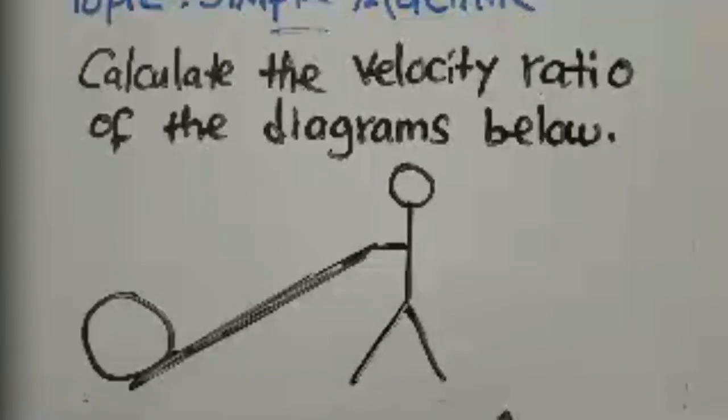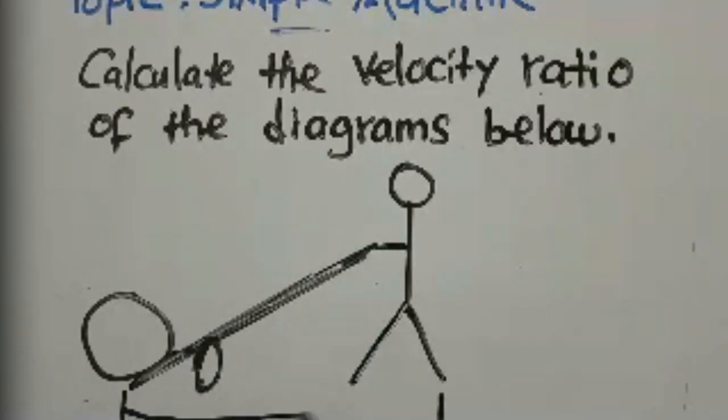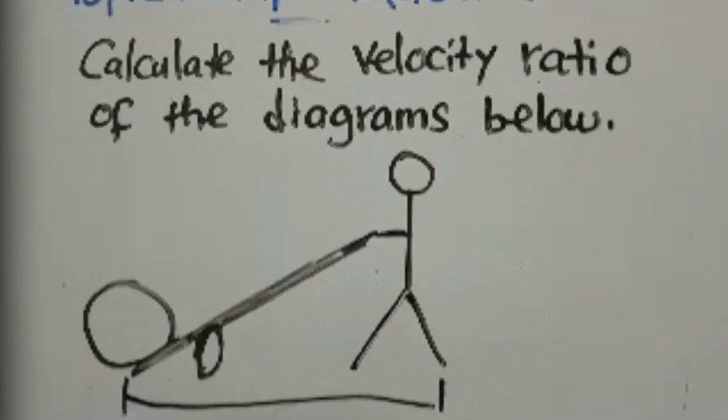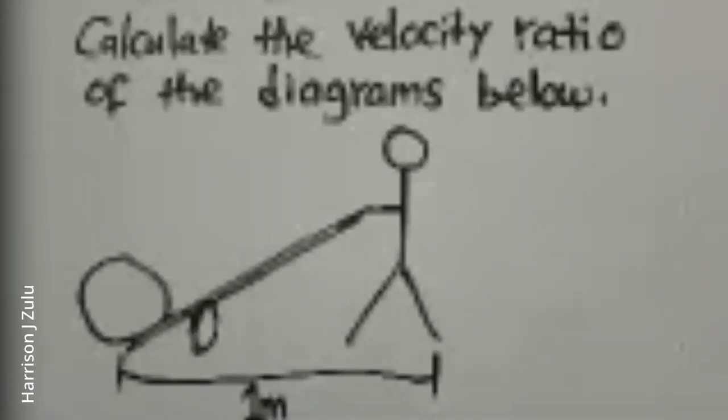Then we know that here, there is something that is balancing this. From where this is to where the person is standing, we've got a distance of 1 meter.